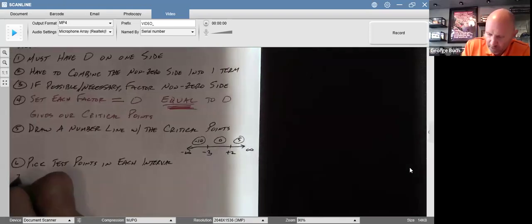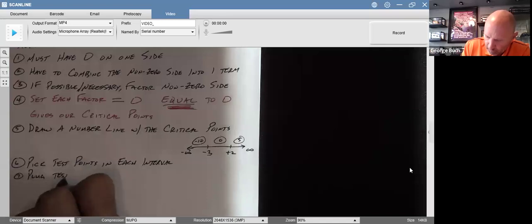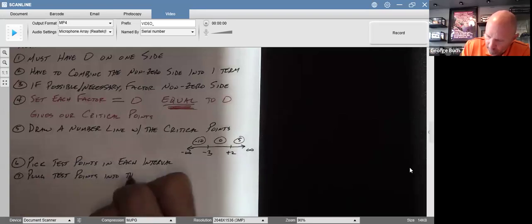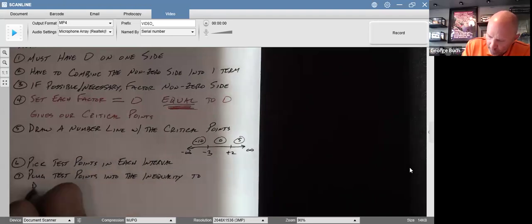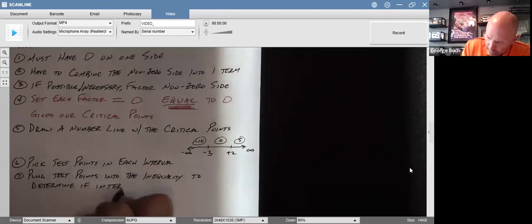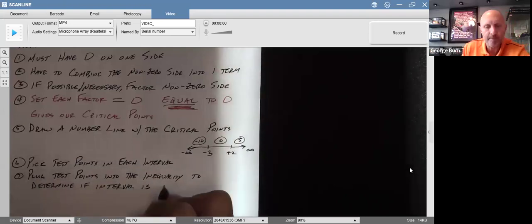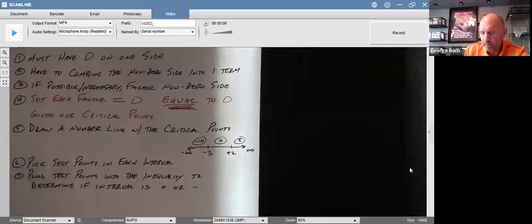And step 7 is we plug the test points into the inequality. And I do this to determine if the interval is positive or negative. And so I'm going to do this for every interval.